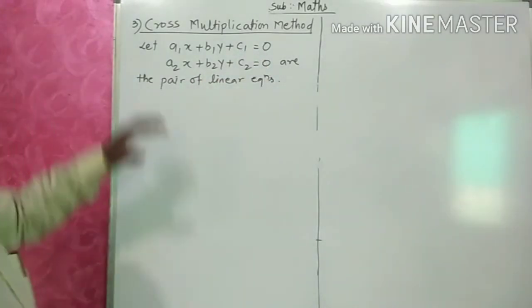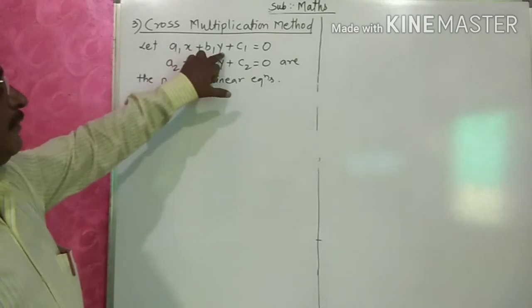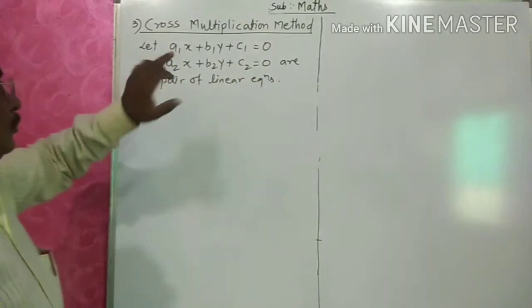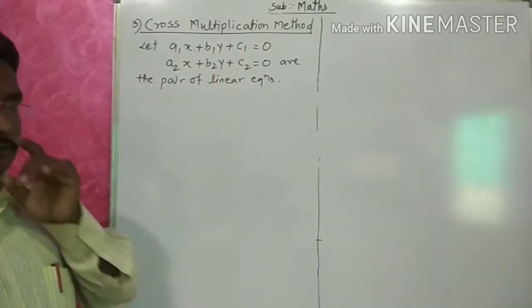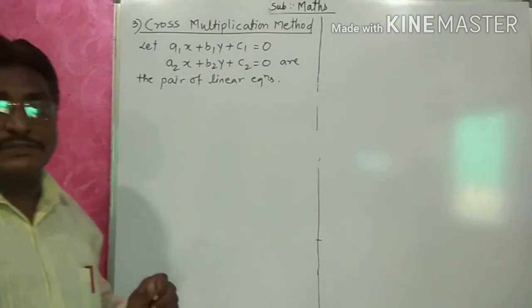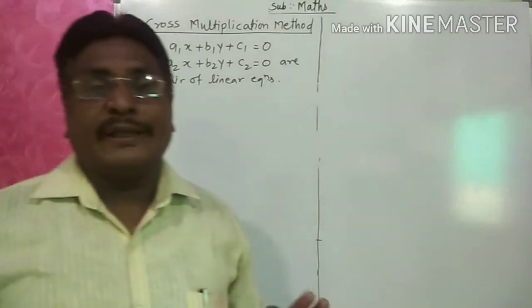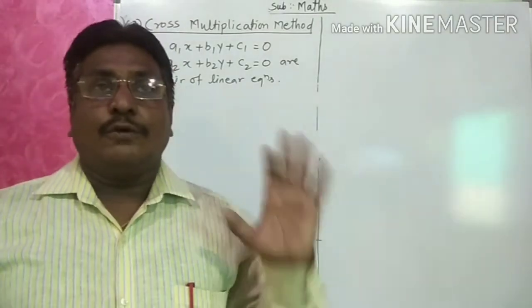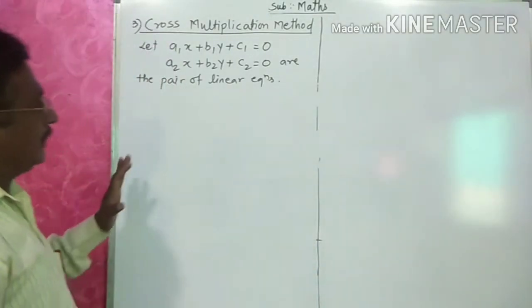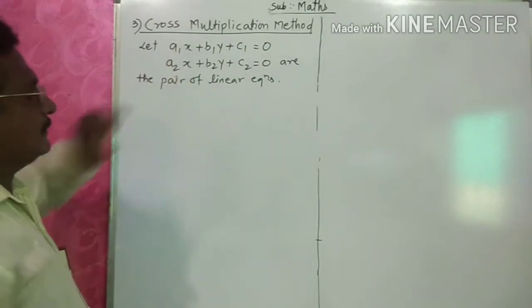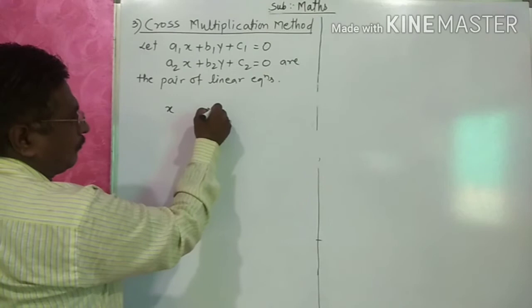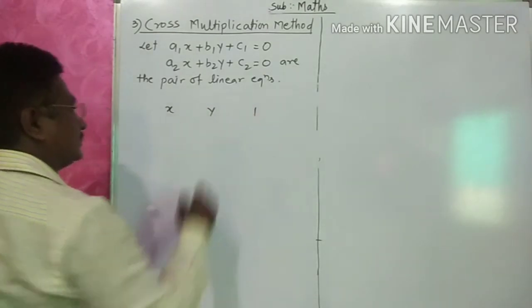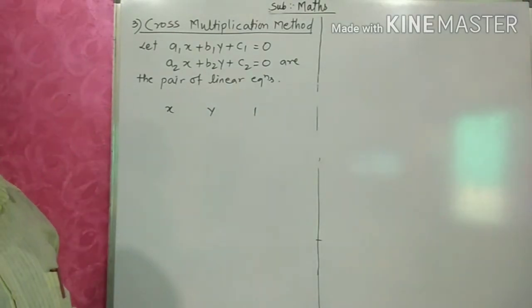So these two equations are given. So how to make the formula? For making the formula, what has to be written? The main variables: x, y and constant 1. That we have to write.